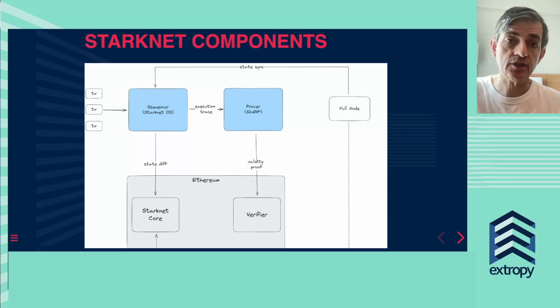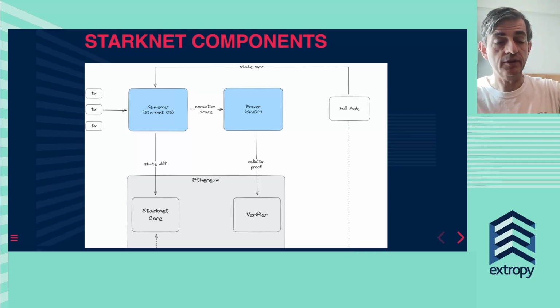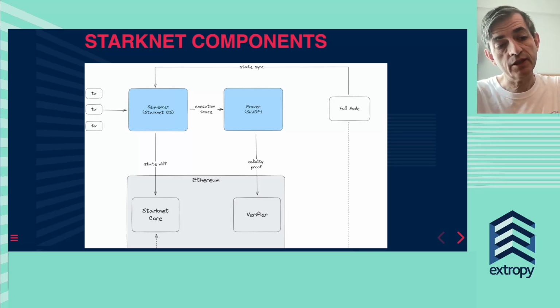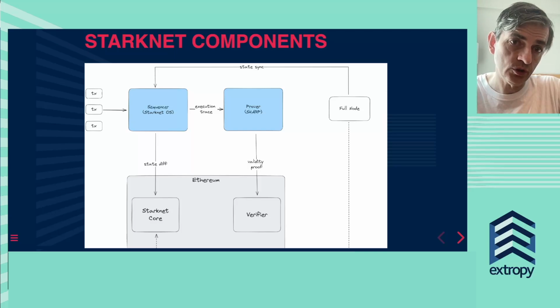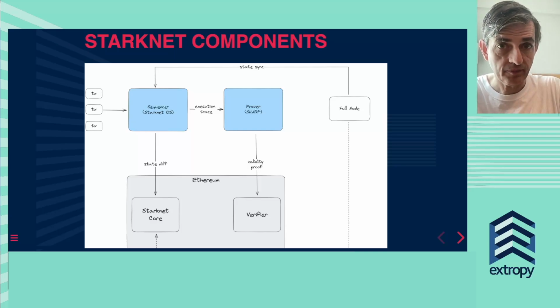And it sends that trace to a prover, the shared prover. And it is the shared prover's job to take that trace and to create a zero-knowledge proof, which is there to prove that that execution has happened correctly.